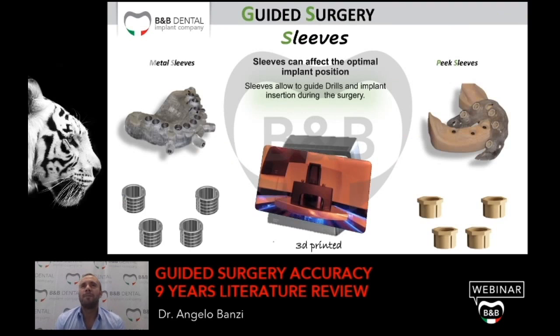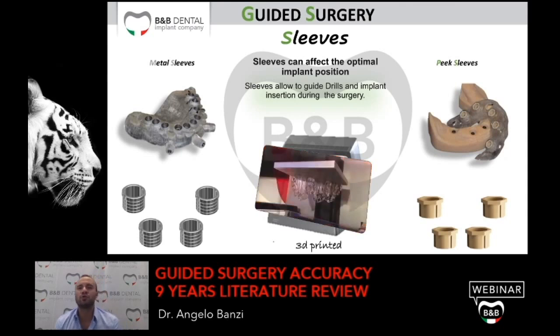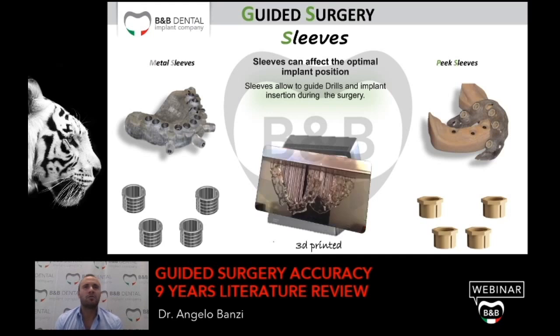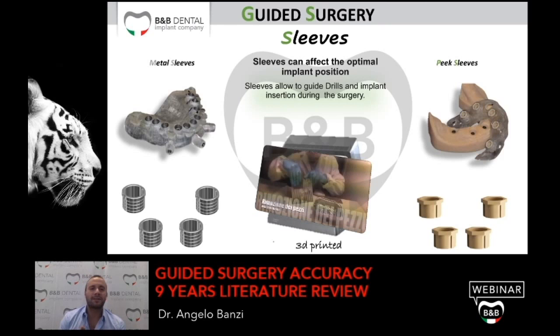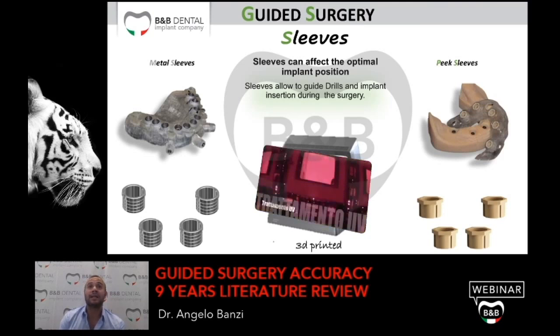Another item different from other brands is that we support the use of PEEK sleeves. Yes, because we started working with metal sleeves, but metal sleeves can affect the optimal implant position.